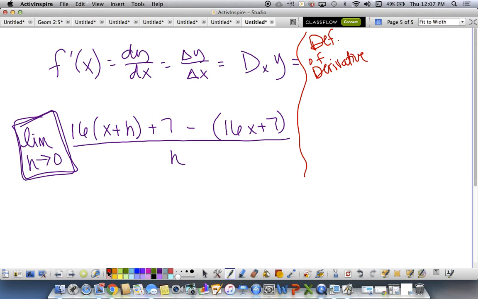Write it down right now. Write it 12 times between now and tomorrow. It is f prime of x equals the limit as delta x approaches 0 of f of x plus delta x minus f of x over delta x.